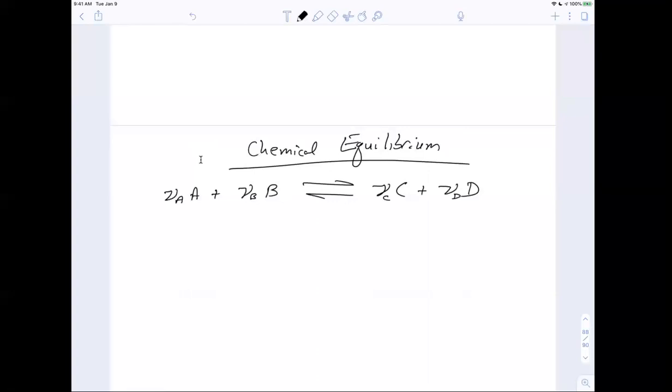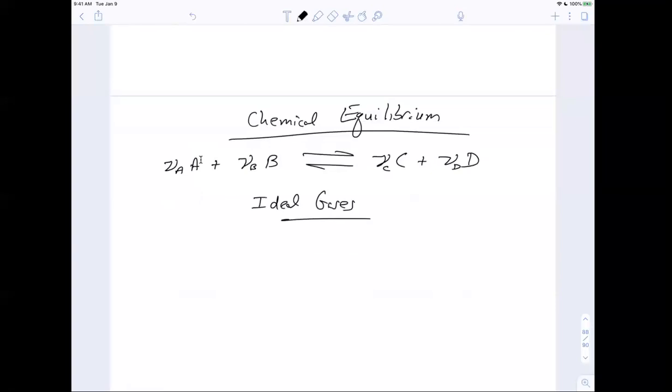and practical way. So we're going to say that we have ideal gases. All of these guys are ideal gases. That's pretty cool because we've developed some tools, mathematical machinery to look at ideal gases. Okay. And we're going to say that this chemical process, this transformation, occurs at temperature and pressure constant.